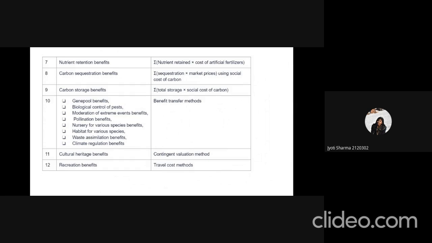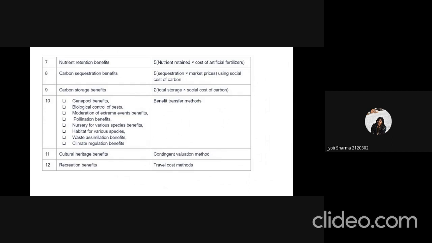By these calculations of such benefits and their valuation, we can estimate how important a forest is, because these are creating far more billions of dollars and employment generation compared to industries.